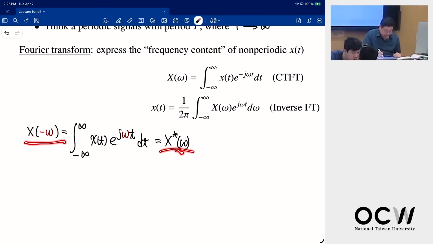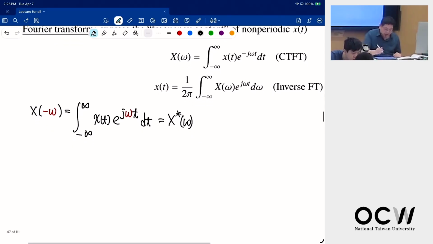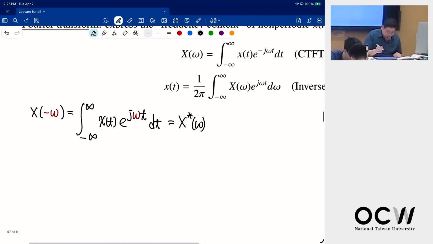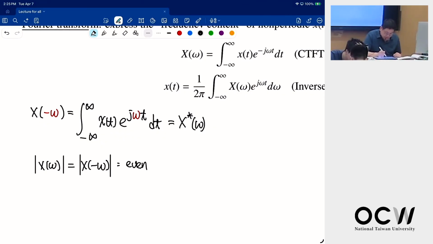Let's see the magnitude. The magnitude of the Fourier transform and the magnitude at the reversed frequency are the same, so the magnitude is an even function. But the phase has a minus, so it is an odd function.